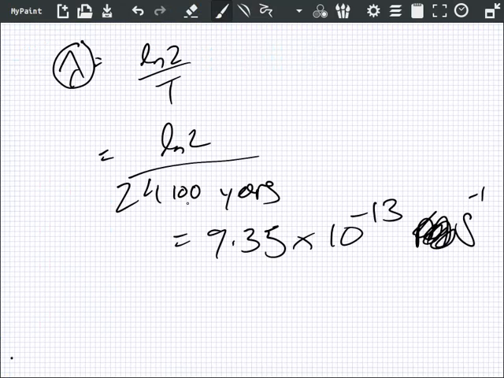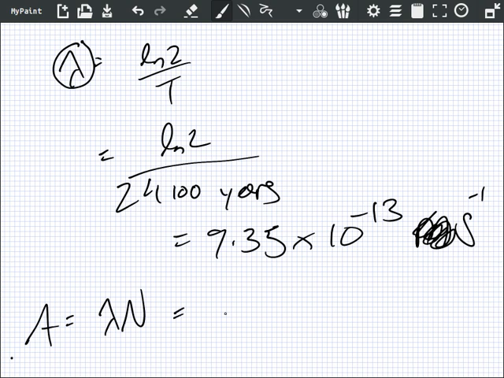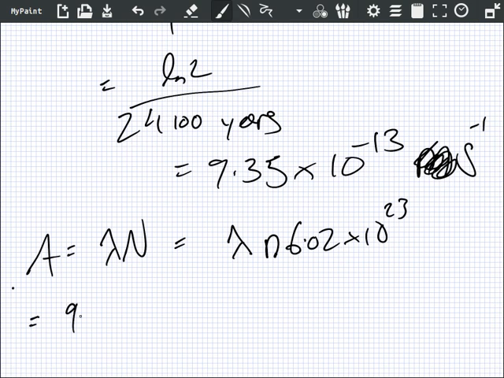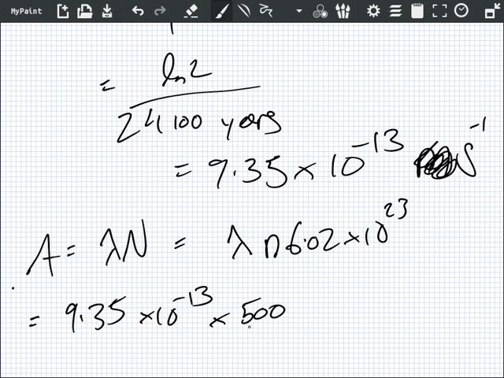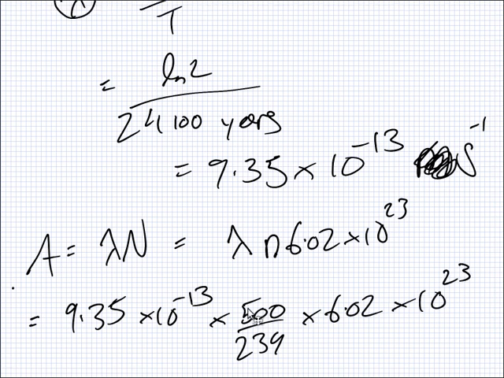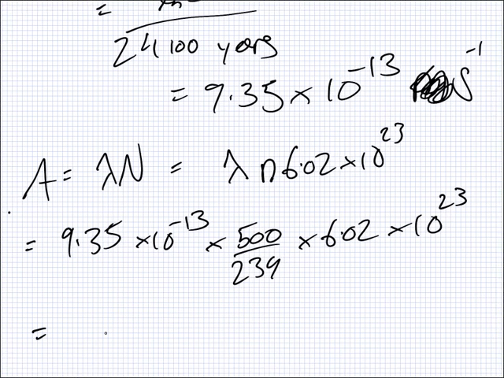So activity equals lambda N, which equals lambda times number of moles times Avogadro's number, which is 9.35 times 10 to the minus 13 times 500 over 239 times 6.02 times 10 to the 23. What do you get? 1.18 times 10 to the 12. Now it's Bq.